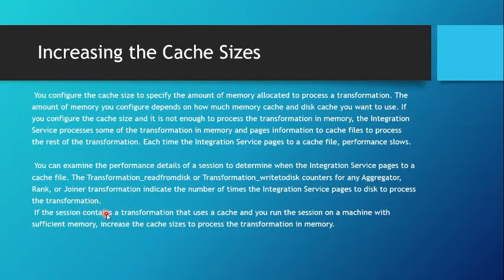If the session contains a transformation that uses a cache and you run the session on a machine with sufficient memory, then increase the cache size to process the transformation in memory. So this is the theoretical part, just go through it. I will update the complete notes in our blogs as well, so that you can go through and understand.